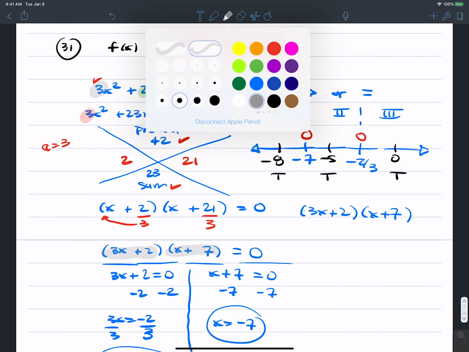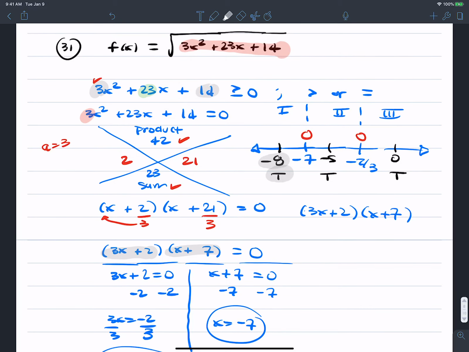So using negative 8 for x, let's do some arithmetic. We get 3 times negative 8 is negative 24, plus 2, negative 22. Negative 8 plus 7 is negative 1. So a negative times a negative is a positive. Good.